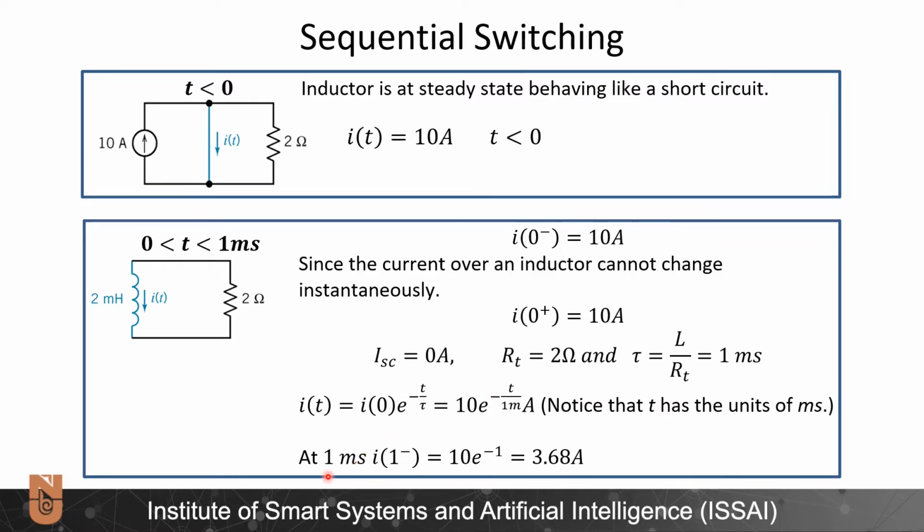I need to calculate the amount of current through the inductor at 1 millisecond because I will use this as the initial condition for the next step. At 1 millisecond, I1 minus will be 10 times e to the minus 1, which is equal to 3.68 amperes. So basically, in 1 millisecond, the current through the inductor decreased from 10 amperes to 3.68 amperes.